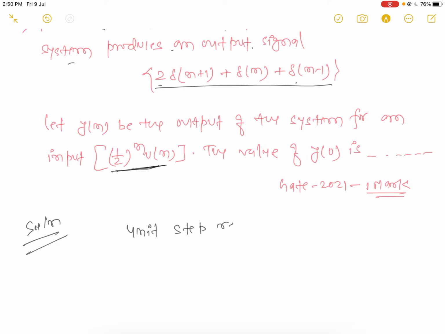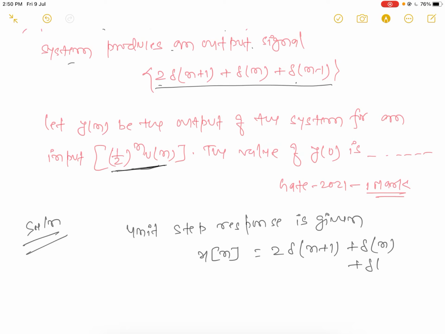From the question, the unit step response is given. Let us consider the unit step response is x[n], and it is given as 2 del n plus 1 plus del n plus del n minus 1. If it were continuous time, we would differentiate it for the impulse response. But this one is given in a discrete time system, so we have to take the difference.